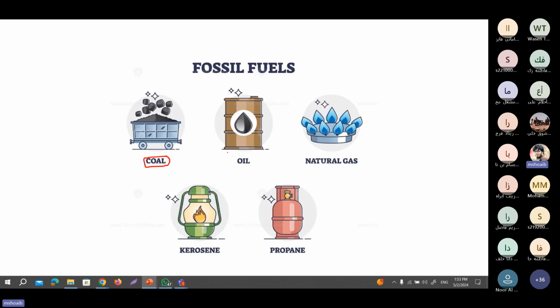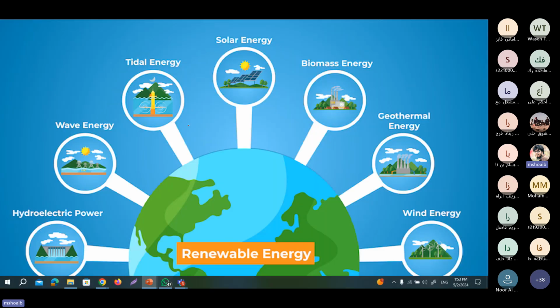Then oil, the one which has made many countries rich. Natural gas is a similar thing. Maybe kerosene, which is a kind of oil also. Propane is a form of gas, and so on. There are some other types also.